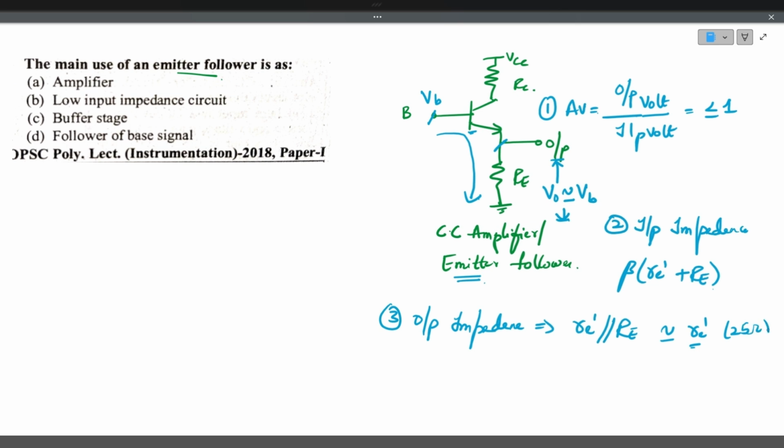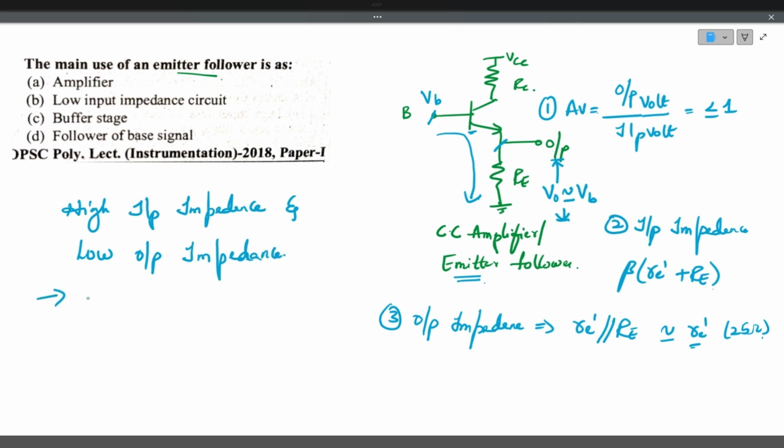Practically, it will be 25 ohms. So it has a high input impedance and a low output impedance. Because of these features, it is used as a buffer stage or impedance matching device.